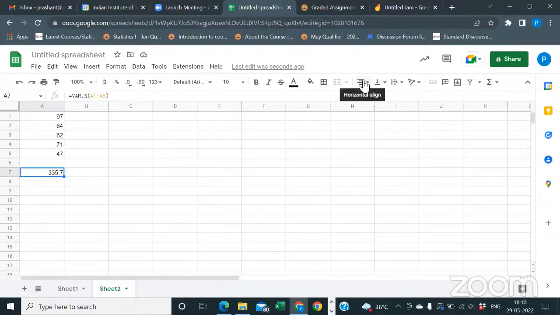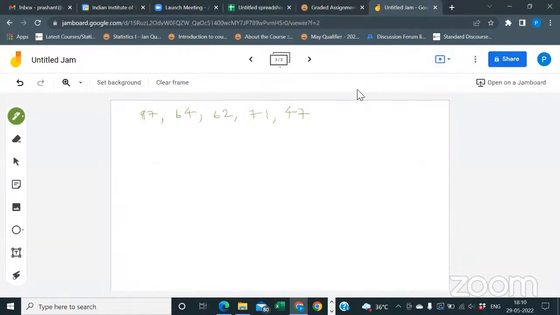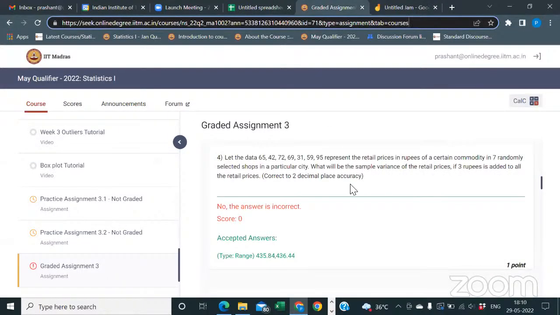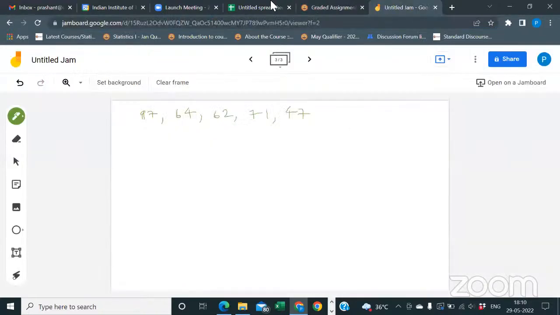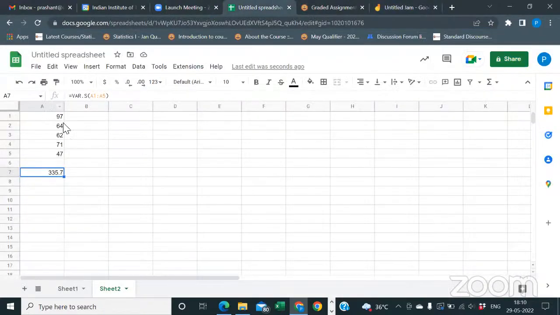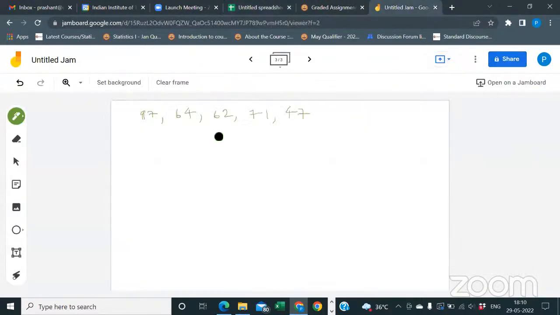But in the solution video, they have given a different formula. Which video? It's on YouTube, sir, the graded assignment 3 solutions. See, this is something which I do directly on the Excel sheet, but you have to do it manually. I mean, for the sample variance you have to apply this formula.